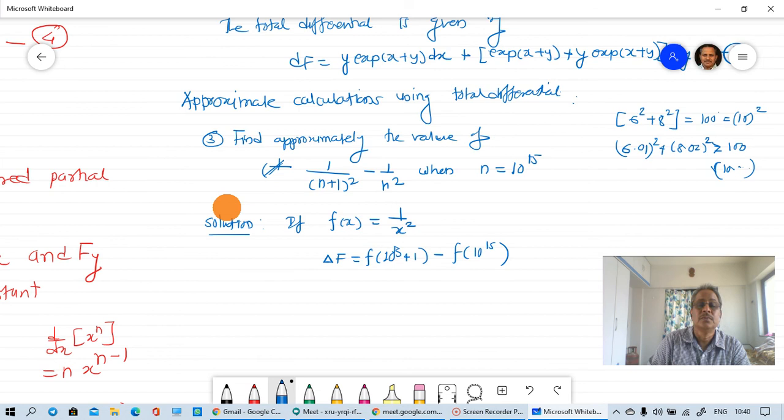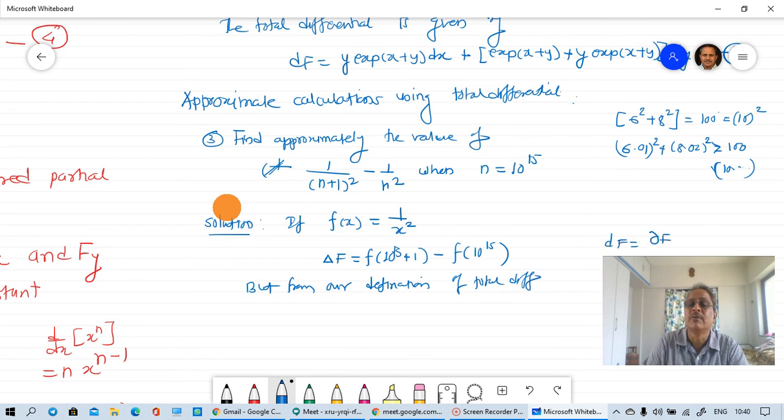Okay, but from our definition of total differential, we have df is equal to partial derivative of f with respect to x into dx plus partial differentiation of f with respect to y into dy.